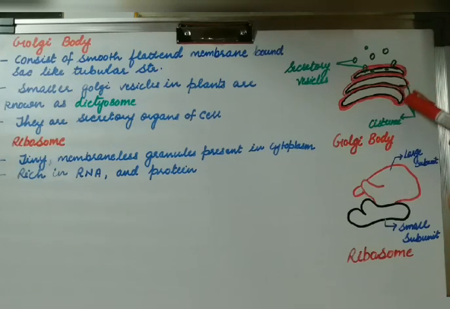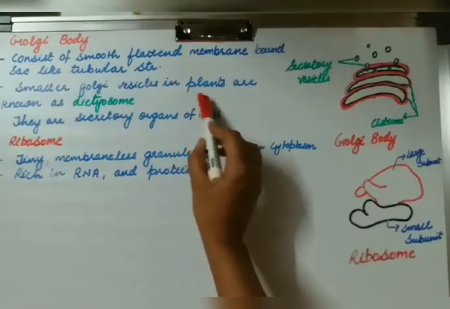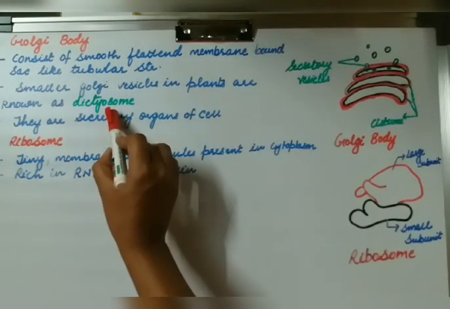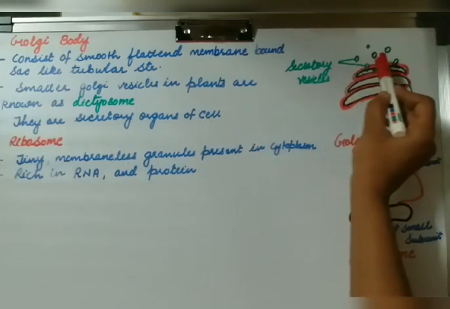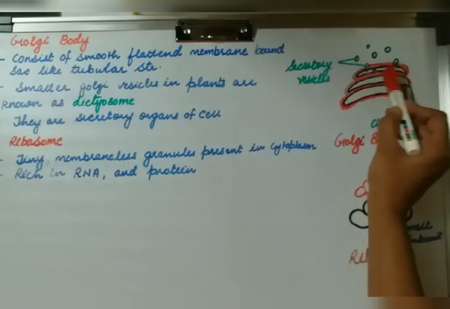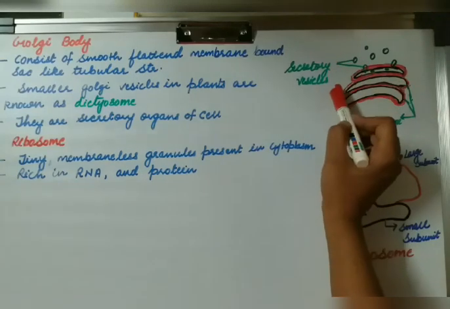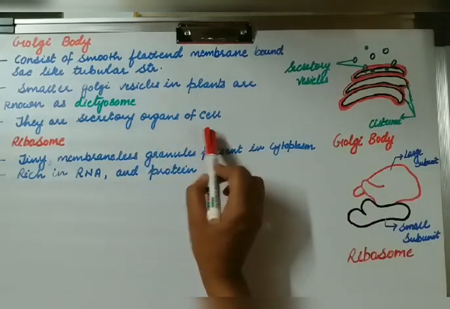And these sac-like structures which are kept one above the another are known as cisternae. The smaller Golgi vesicles in the plants are known as dictyosomes, and they are the secretory organelles of the cell. You can see here the vesicles present on the surface of the Golgi bodies. They are the secretory vesicles.